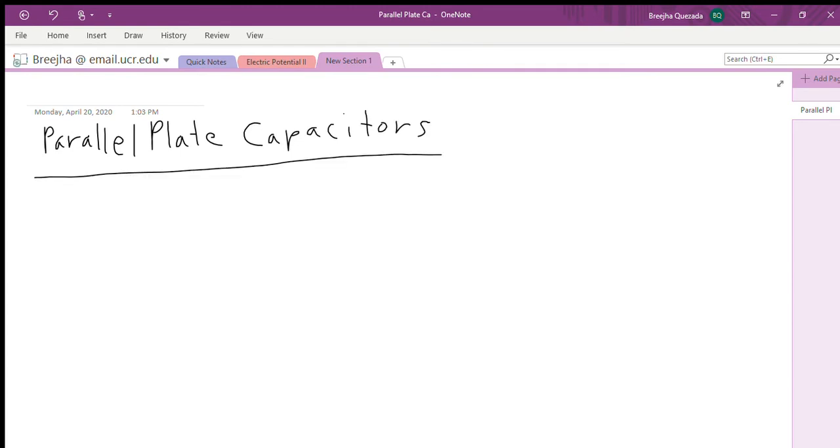So to further relate the two, electric potential and electric potential energy, let me write that out. You have E potential versus E potential energy.